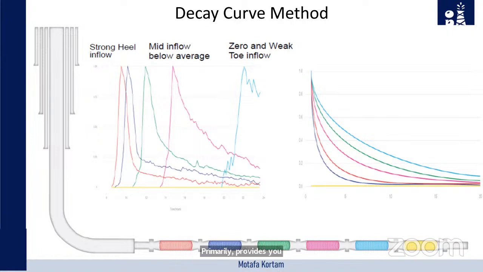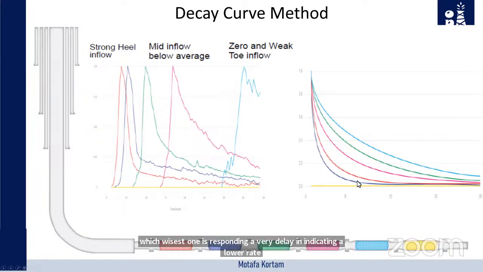Why does the yellow zone not contribute? Why do we have a discrepancy in quality between stages, and why is this one responding with a very long delay, indicating a lower rate compared to the blue one?